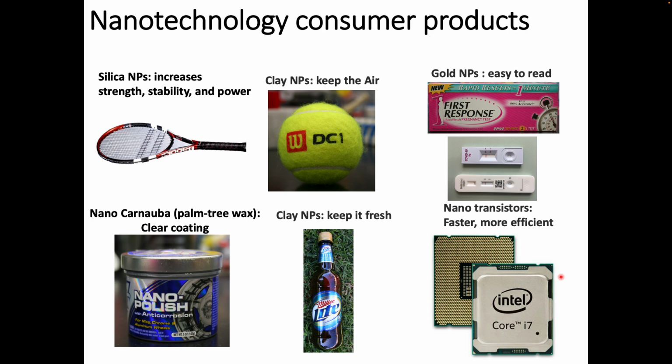But when you do that, you can actually push the frequency to 7 gigahertz. Okay, so if you introduce a very good way of cooling, you can drive the chip even faster. Basically, that is nanotechnology-enabled products.